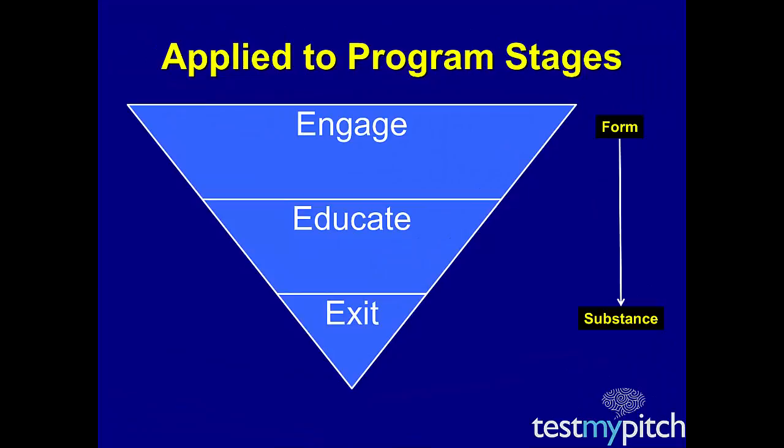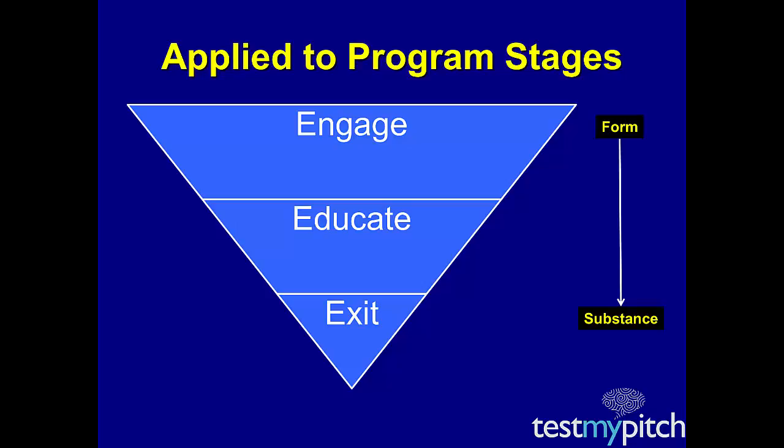Another way to think of this is that early on we're focused on form, and as we move through the process, as our cohort, our individuals who are pitching, get more sophisticated, we want to focus more on substance.